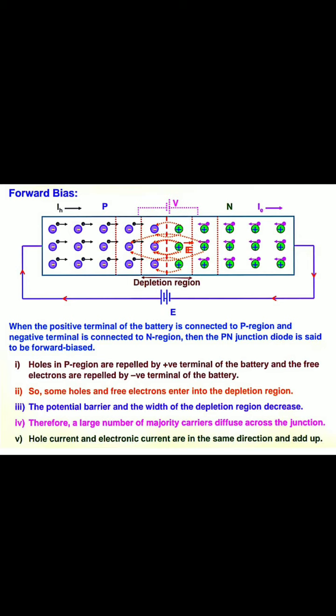At a certain point the depletion layer is negligible, so a huge amount of majority carriers diffuse from P to N side and N to P side, and we get a huge diffusion current. After a certain potential that we apply, we operate with a knob. When you do the practical, there is one knob there.